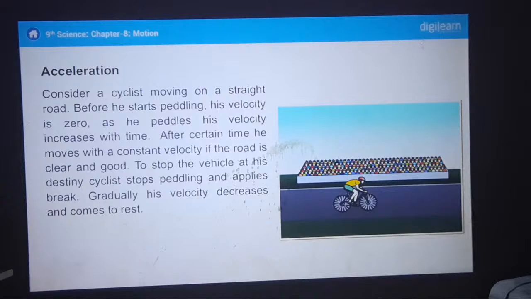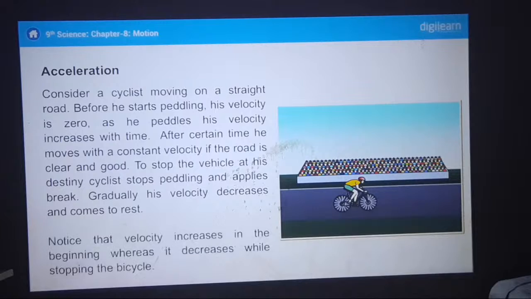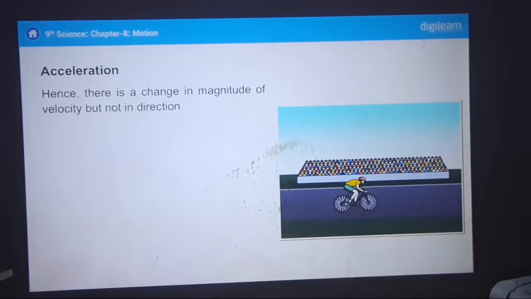If the road is clear and good, to stop the vehicle at his destination, the cyclist stops pedaling and applies the brake. Gradually, his velocity decreases and comes to rest. Notice that velocity increases in the beginning, whereas it decreases while stopping the bicycle. Hence, there is a change in magnitude of velocity but not in direction.